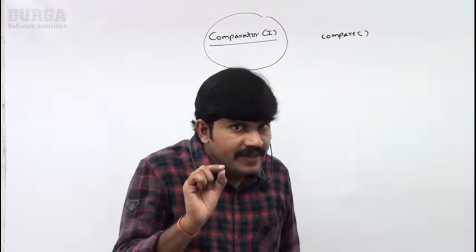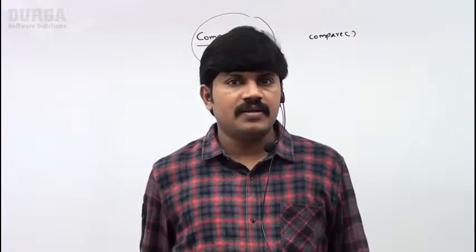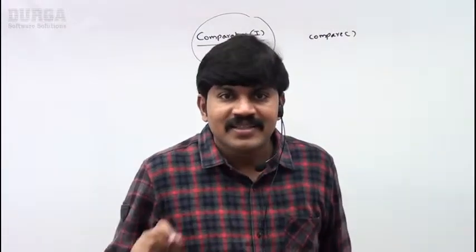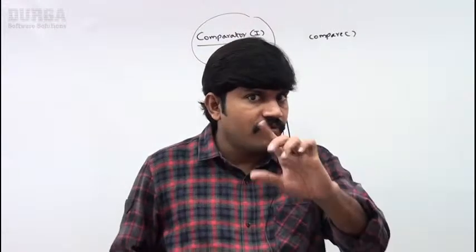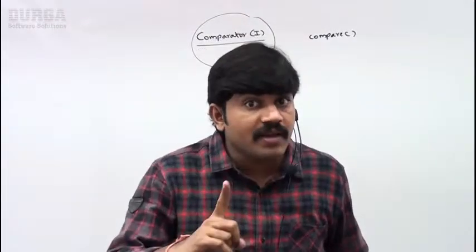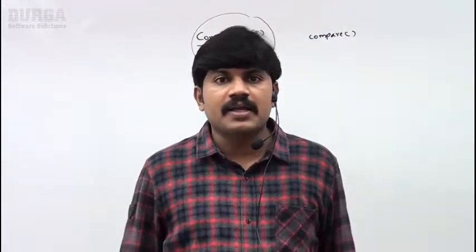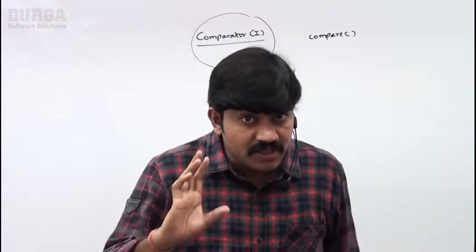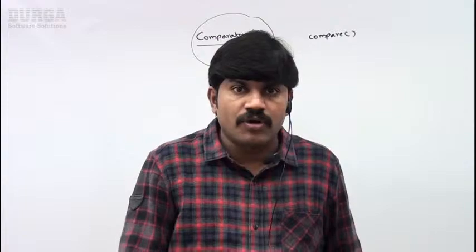So if any interface contains a single abstract method, SAM, that is by default considered a functional interface. Wherever the functional interface concept is there, happily we can apply the lambda expressions concept. Have you remembered? In our first session, we covered in detail what is a lambda expression, a functional interface, and so on.